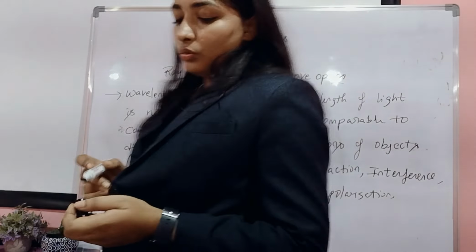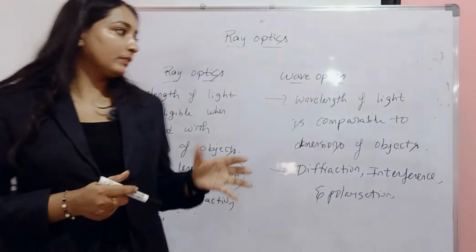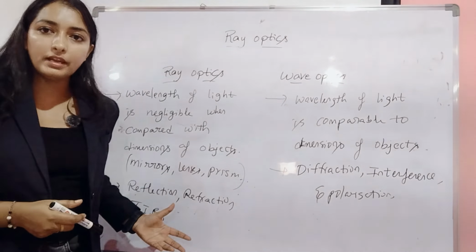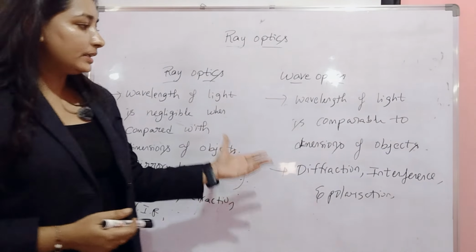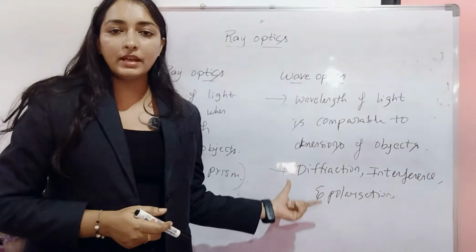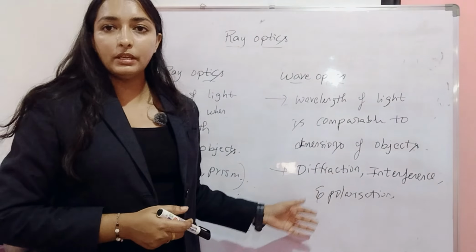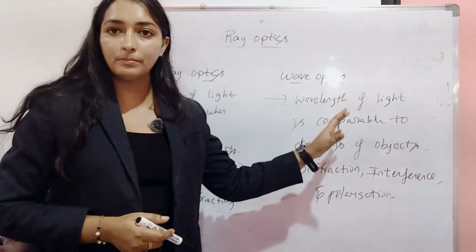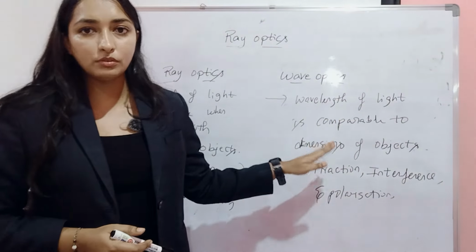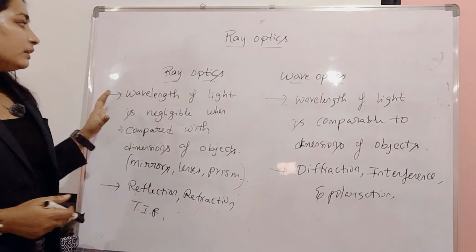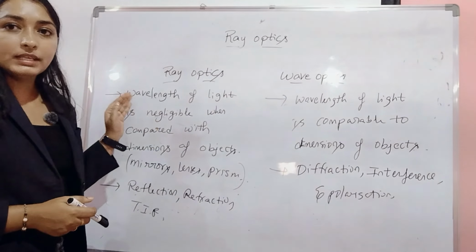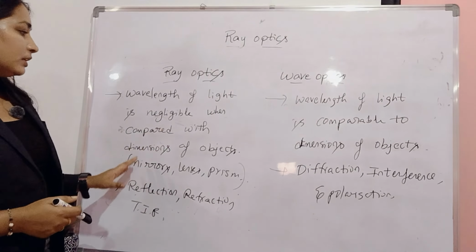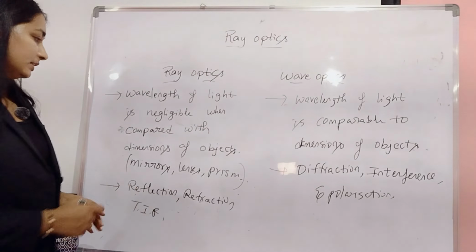Clear? So in ray optics we study reflection, refraction and total internal reflection. In wave optics, diffraction, interference and polarization. In wave optics, wavelength of the light is comparable to the dimensions of the objects, and in ray optics wavelength of the light is negligible when compared with the dimensions of the objects.